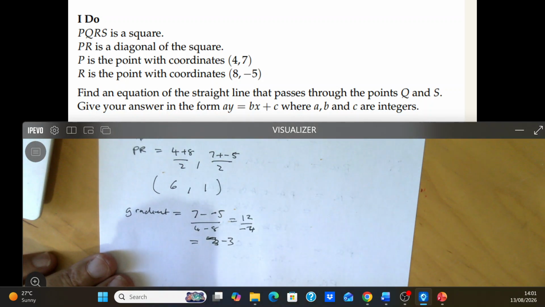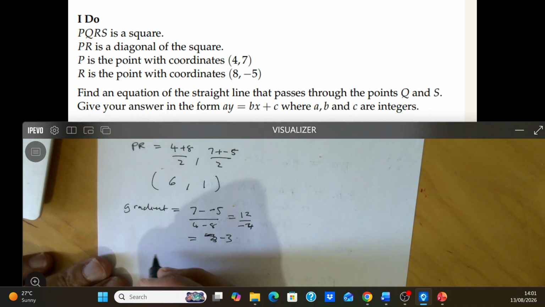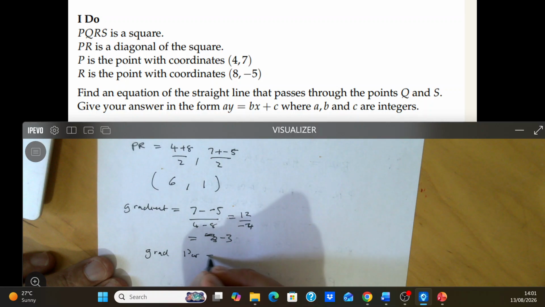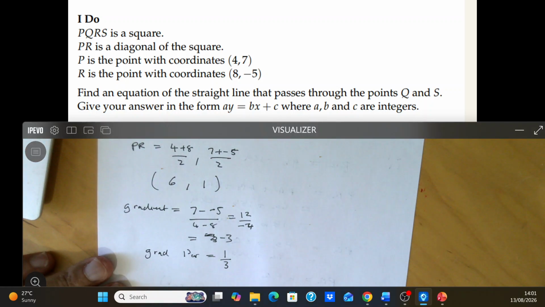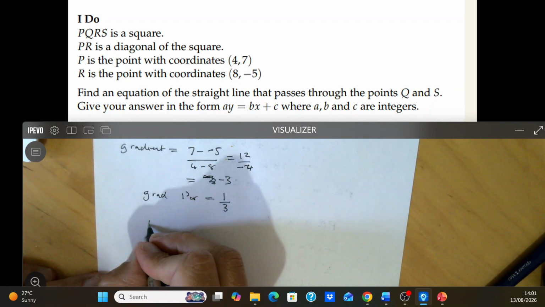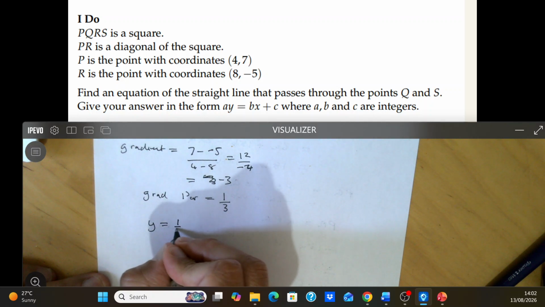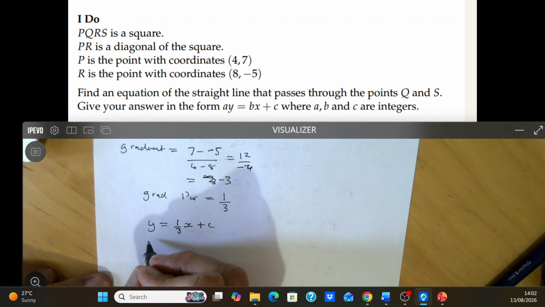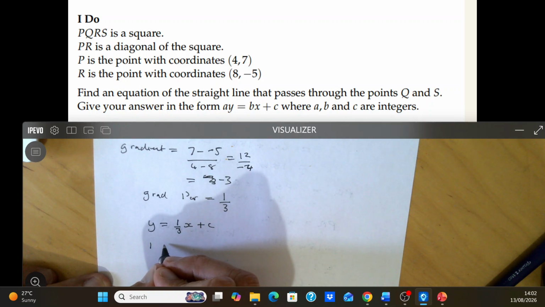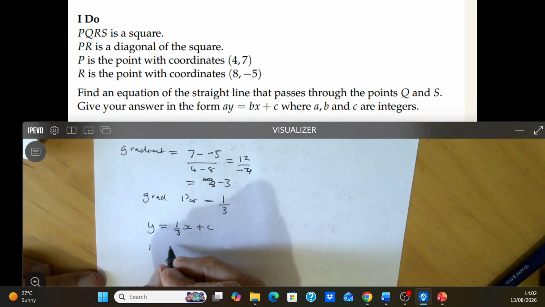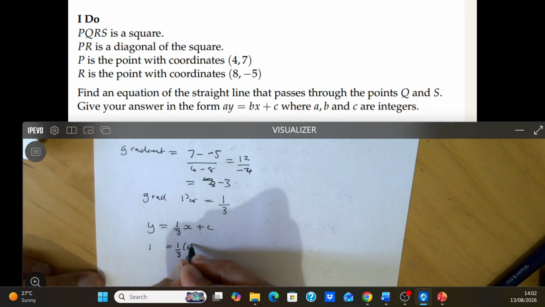The diagonals cross at right angles, so it's the perpendicular we need. So we know the gradient of a new line, perpendicular, equals the negative reciprocal. So that's a third. So y equals a third x plus c. So y is 1 at the point from our midpoint, which we found earlier, equals a third of 6 plus c.